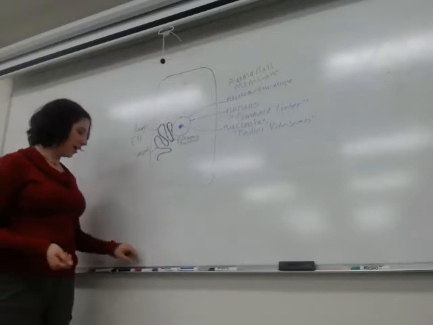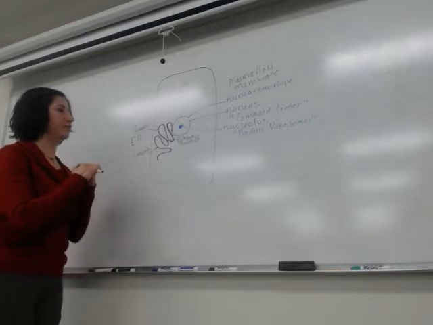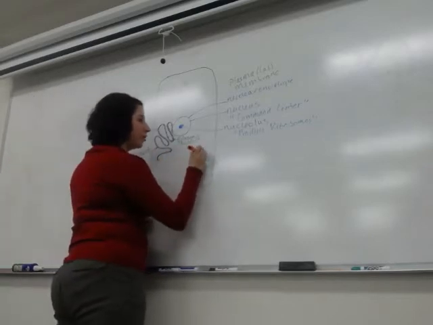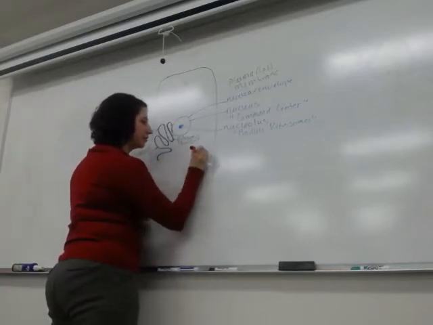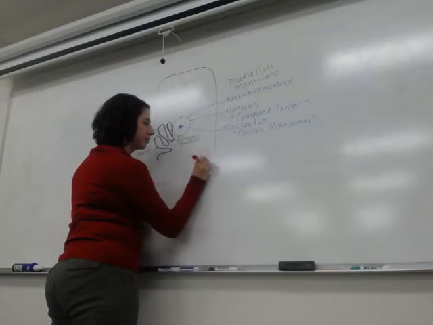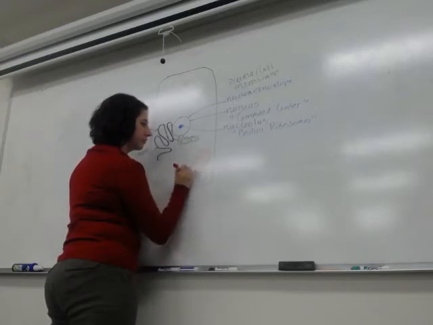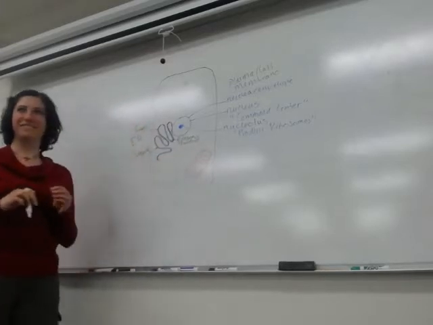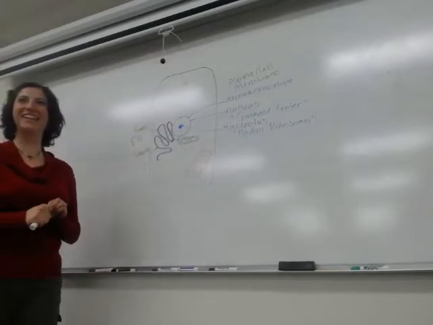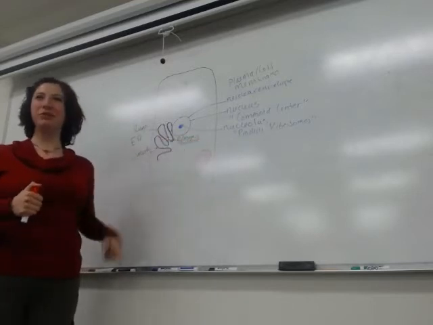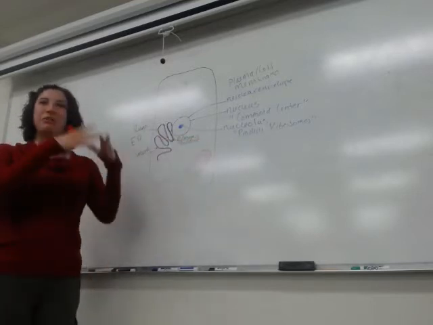We also have our mitochondria. When I was back in high school, we used to call it flip-flop. It looks like the bottom of a flip-flop. It's kind of bean-shaped.